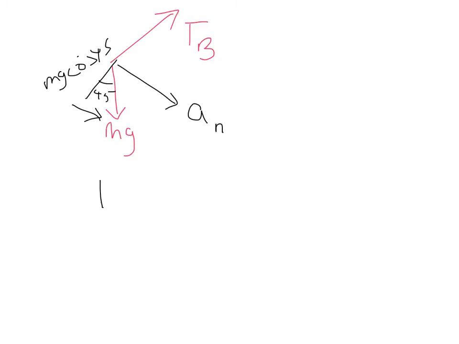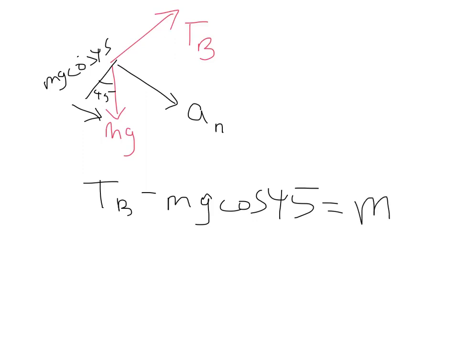So TB minus mg cosine of 45 is equal to the sum of the forces, which is m a_n, because it's swinging in a circle.